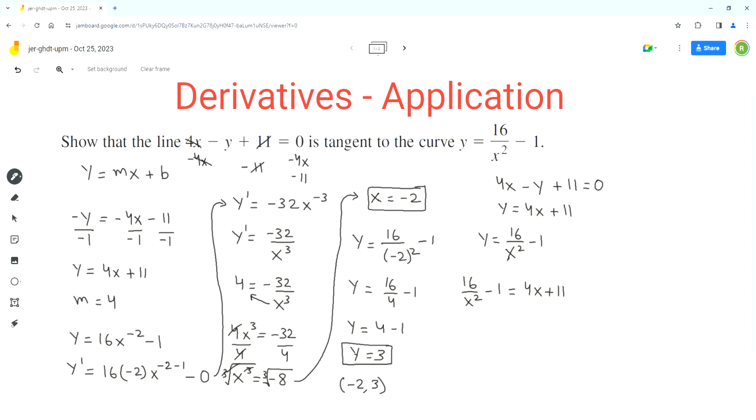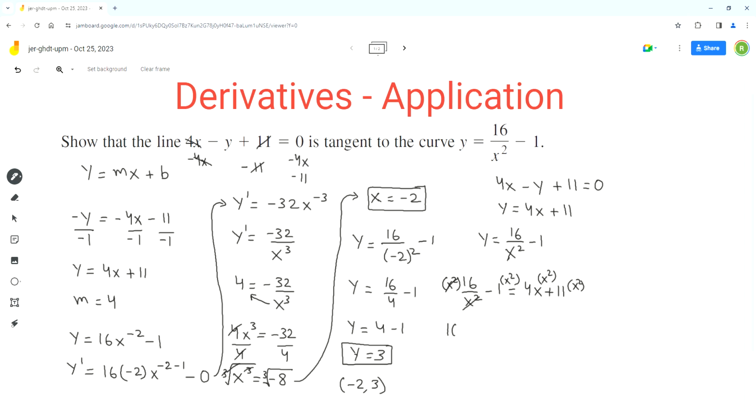Now we can simplify this equation by getting rid of the denominator x squared. So we multiply each term by x squared. So the x squares with the 16 cancel each other out.